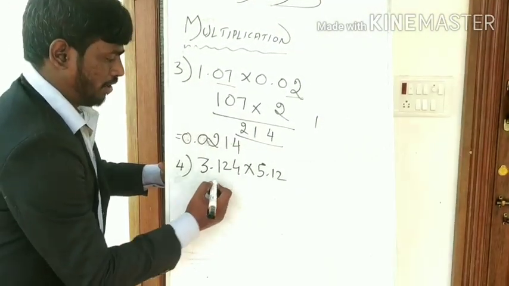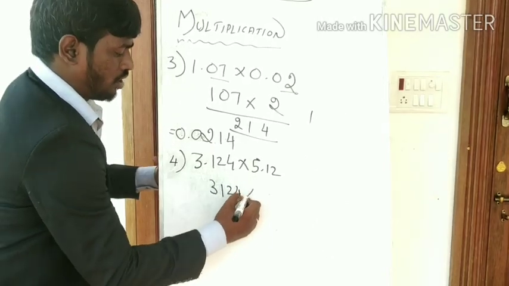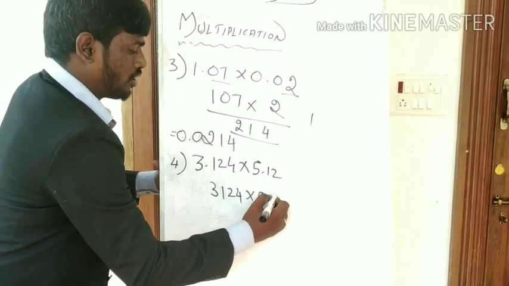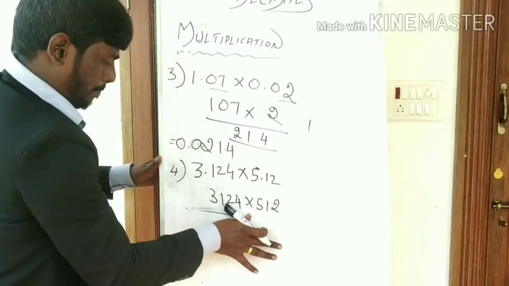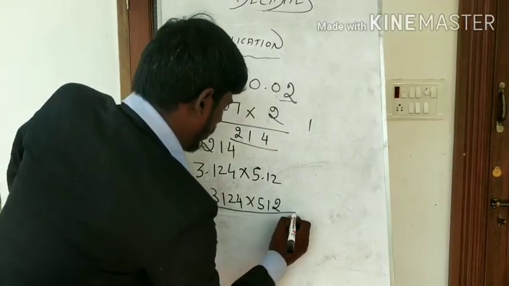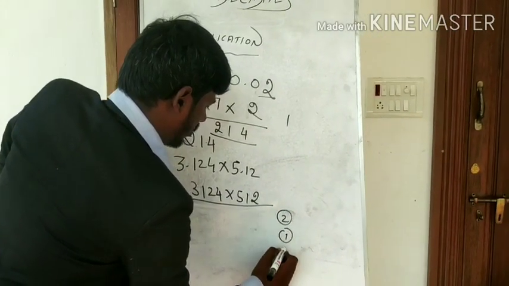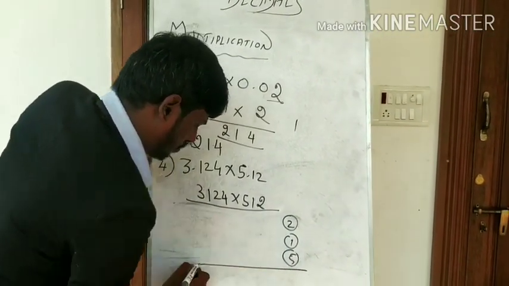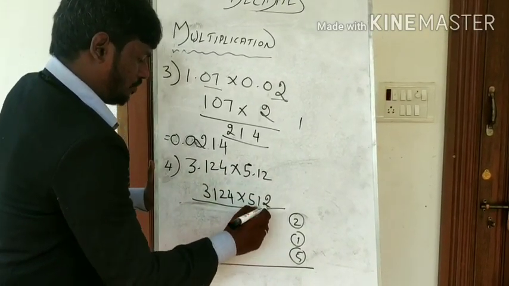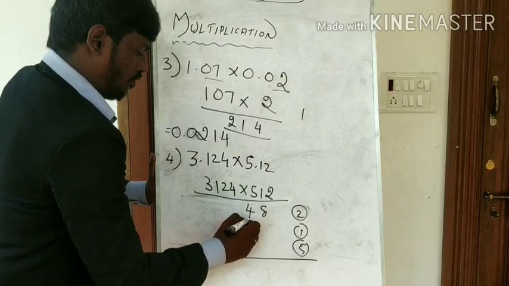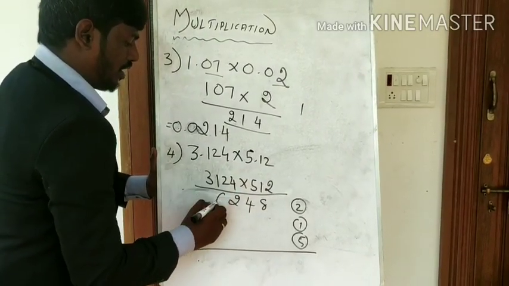I am going to multiply without the decimal point. 3124 into 51. First the 2 table. Then 1, then 5. First 2 fours are 8. 2 twos are 4. 2 ones are 2. 2 threes are 6.